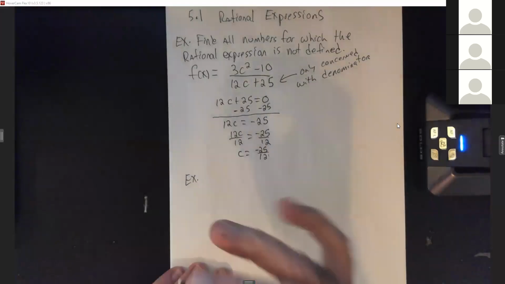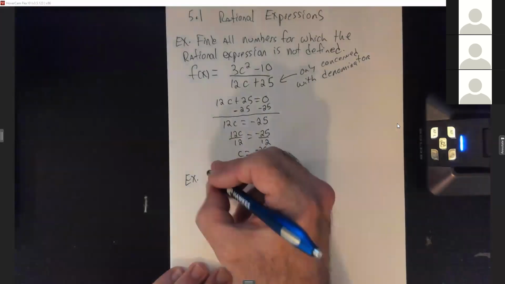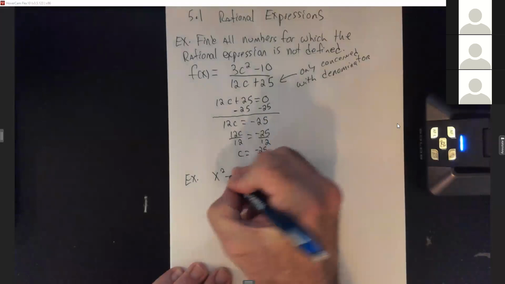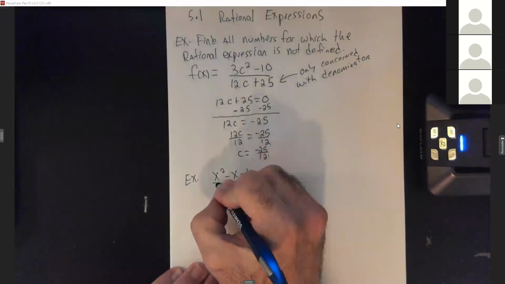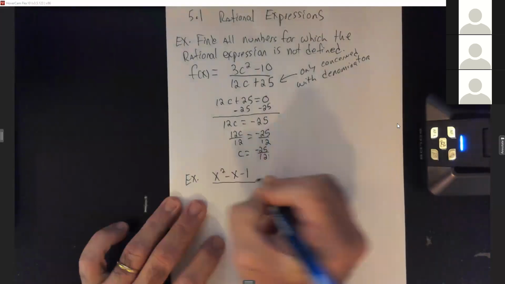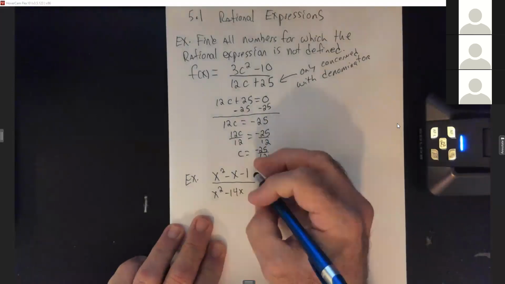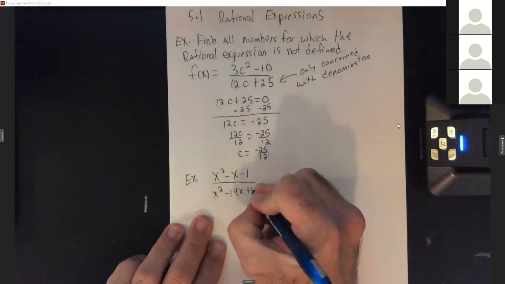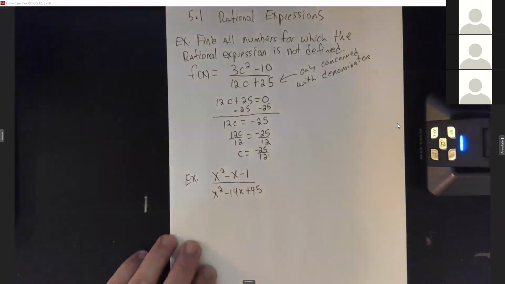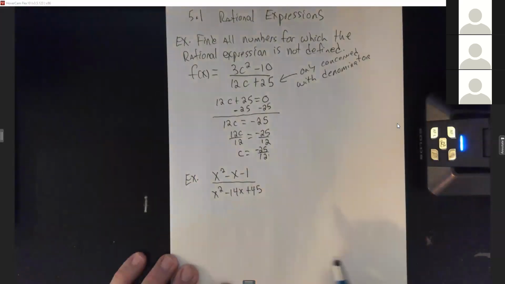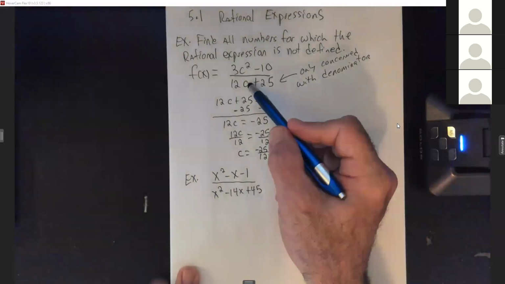So the new part of this, x squared minus x minus 1 over x squared minus 14x plus 45. So the only thing new in this section is that we're putting quadratics on the bottom instead of just single variables, okay? But I'm going to do the same thing.